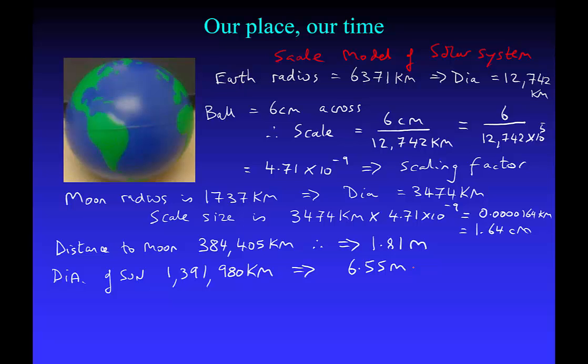So if the Earth is a squeeze toy and the moon is this tiny little piece of Play-Doh, then the sun's diameter is approximately 3.6 times the distance between the Earth and the moon.